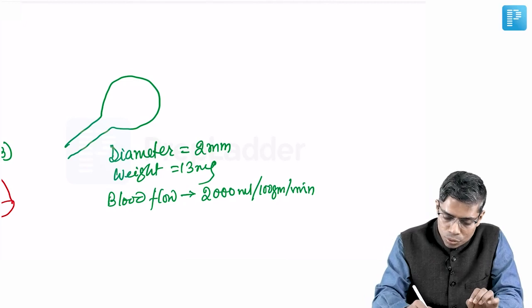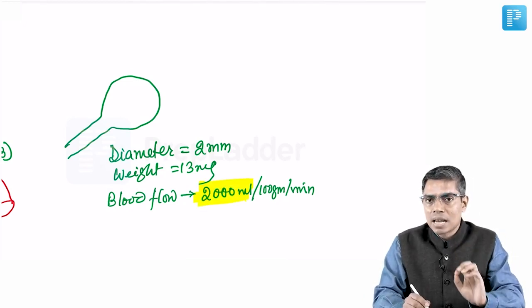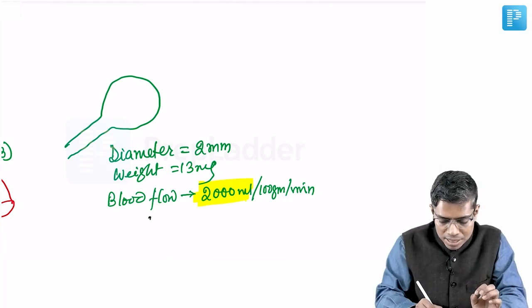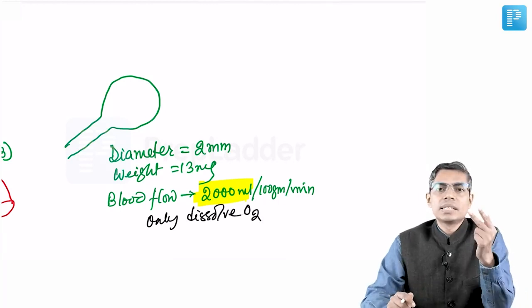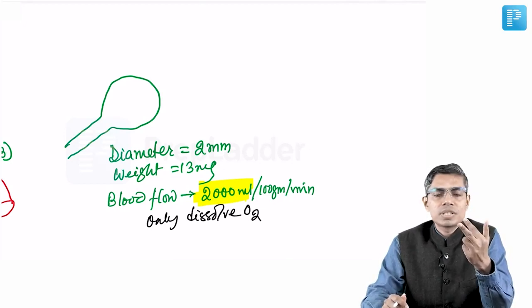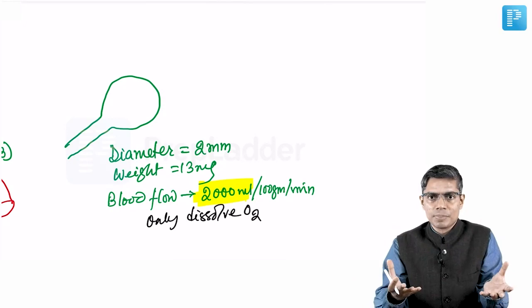And this blood flow is so enormous that the survival of the carotid body or aortic body is based only on dissolved oxygen. What am I saying? Blood contains 2 types of oxygen, in arterial blood or venous blood: hemoglobin bound oxygen and dissolved oxygen. You will read about it in the respiratory system. Most tissues require the hemoglobin bound oxygen because its amount is maximum.